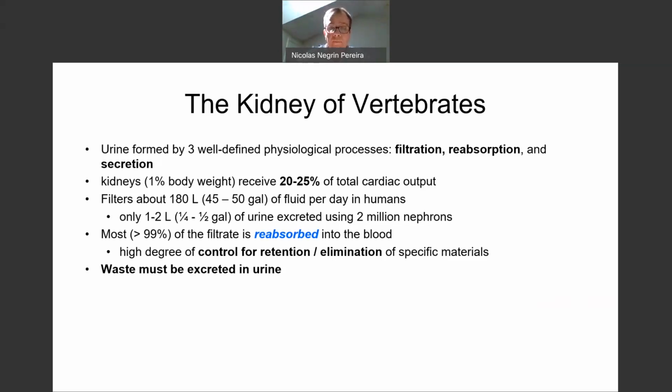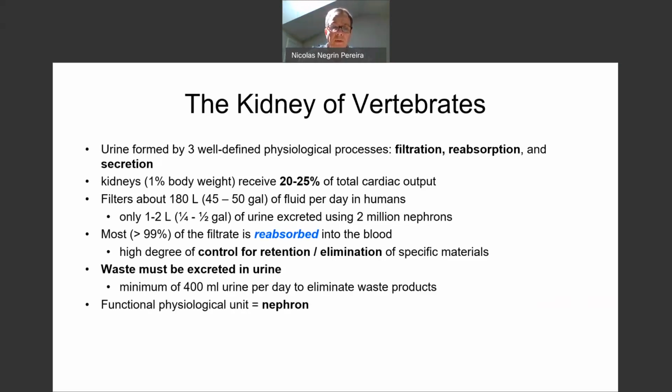The waste must be excreted in the urine, and the minimum production of urine calculated for an adult human is about 400 milliliters per day. That's the minimum volume of urine we need to form to be able to eliminate our waste products.